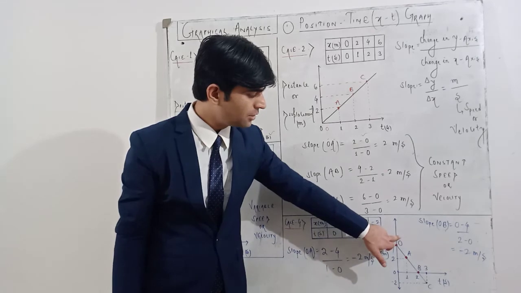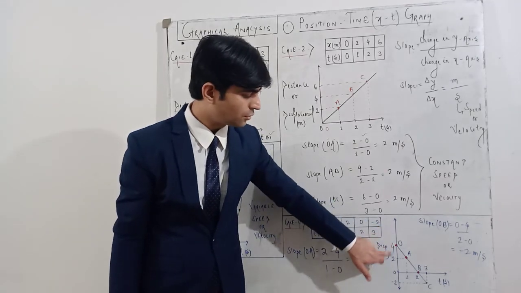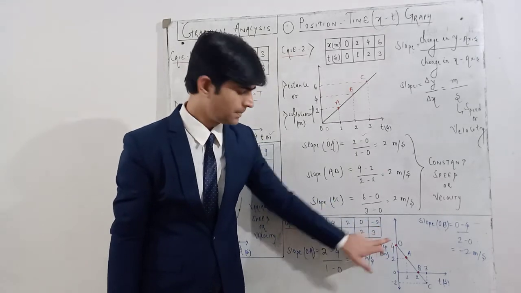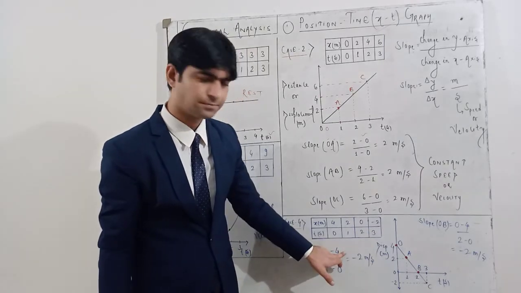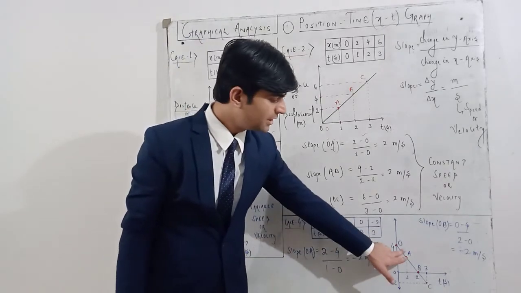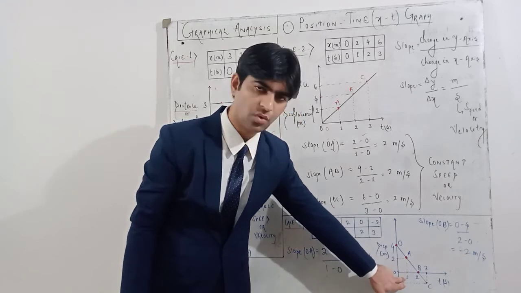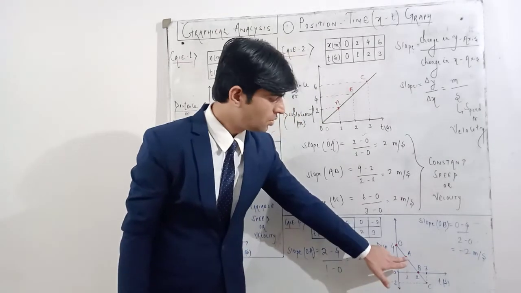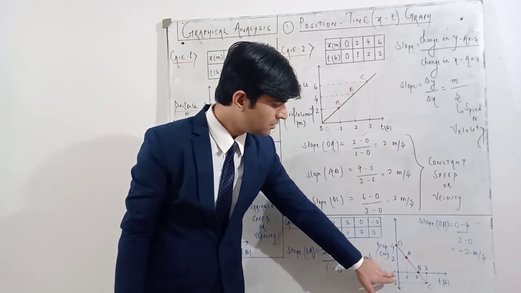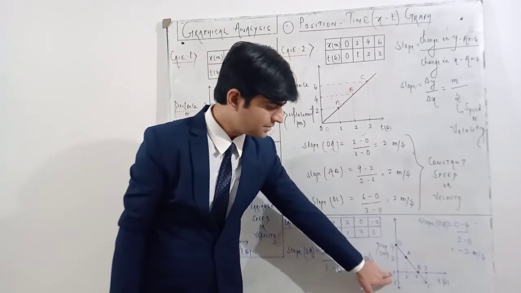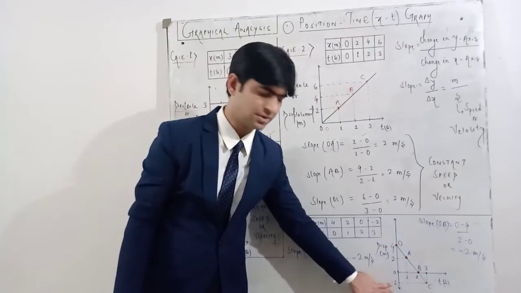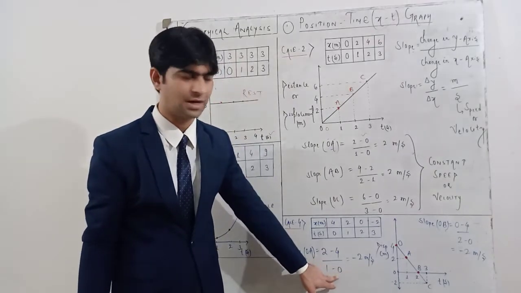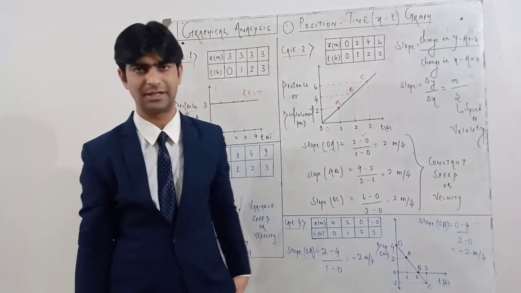What is written at point O corresponding to y-axis? 4. 2 minus 4. What is written corresponding to A on x-axis? 1. What is written corresponding to O on x-axis? 0. So 1 minus 0. Answer becomes minus 2 meter per second.